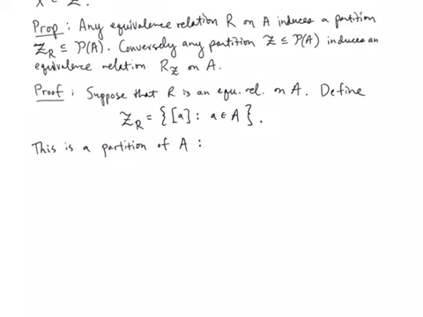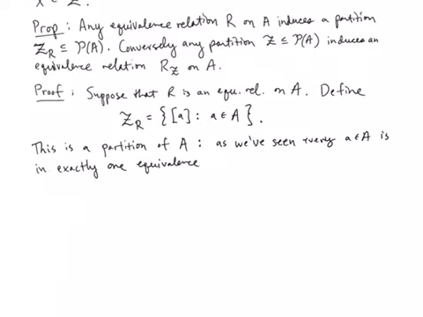Every a is in exactly one equivalence class. As we've seen, every a in A is in exactly one equivalence class. Okay, that's it for that part of the proof.